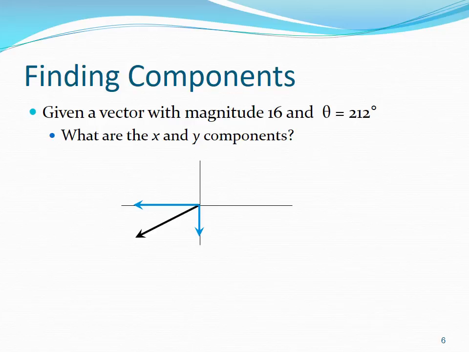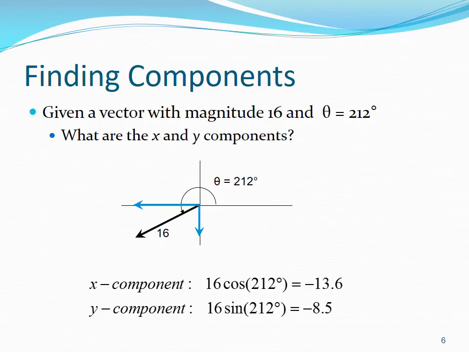The magnitude, or length, of our vector is 16 units and it is at an angle of 212 degrees. The x component is 16 times the cosine of 212 degrees, which is equal to minus 13.6. The y component is 16 times the sine of 212 degrees, which is equal to minus 8.5.